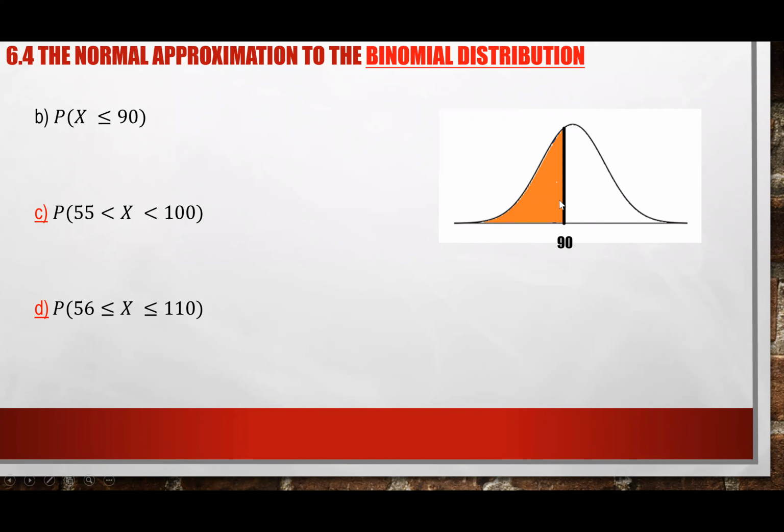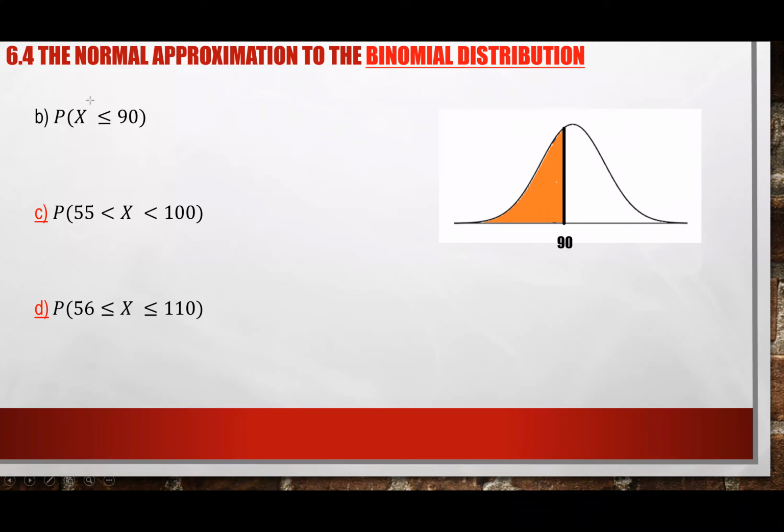Do you agree that anything less than 90 will be on the left of 90? So basically they ask you, if you take this test, what is the probability of you having one question correct, two questions correct, up to 90 questions correct out of the 115 questions.